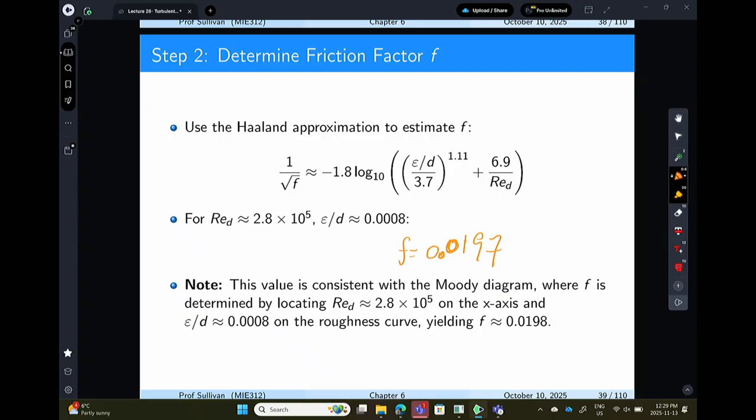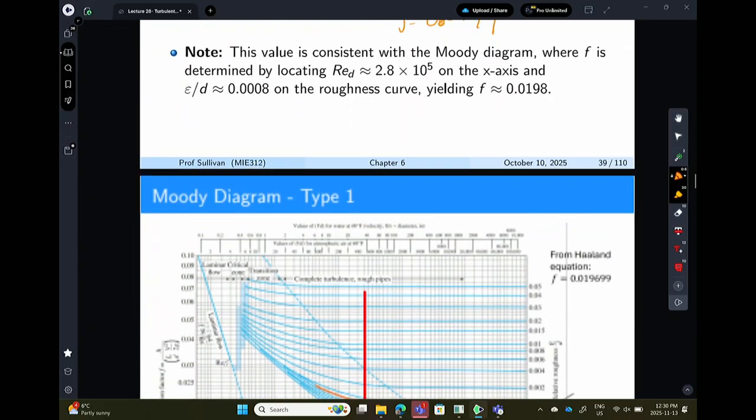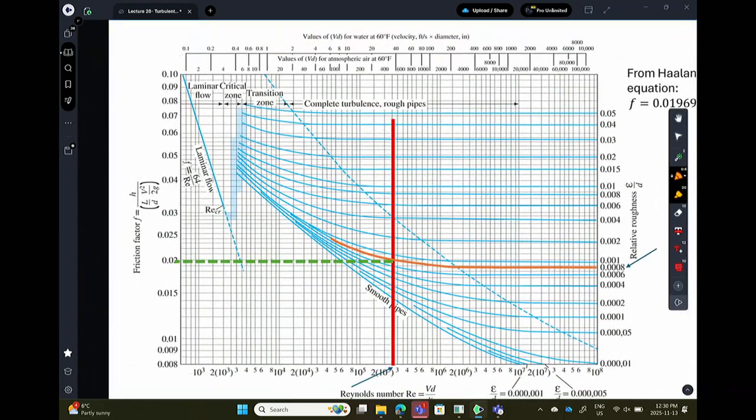Now, I took this from another example. So they said they read the Moody diagram and they extracted out a friction factor by 2.8 times 10 to the 5th on the x-axis, epsilon over d on the roughness curve, and they extracted out 0.0198. Okay, so that's what I did.